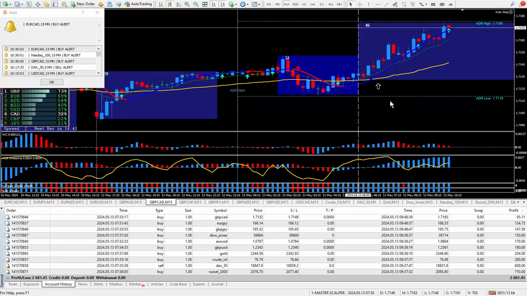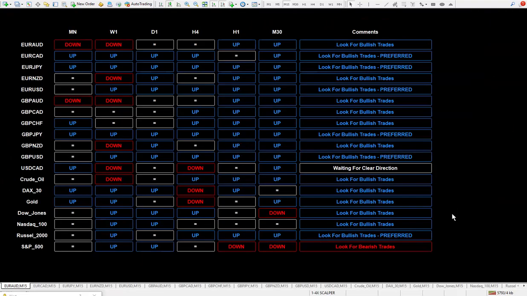Now every morning, 6 o'clock, I'm in front of the computer, right where this vertical line is. I'm looking at all the different instruments, and I'm looking at my daily trade plan. Now here's my daily trade plan. It's running in real time right now. It's an expert advisor. It shows me from the monthly all the way down to the 30 minutes, whether it's up or down. Sometimes it's flat.